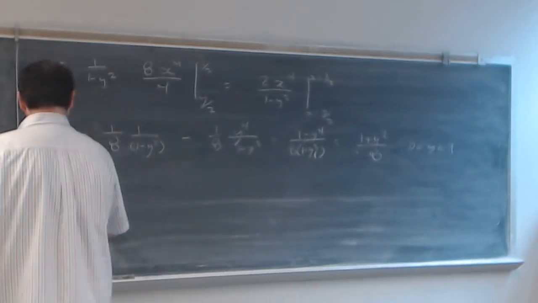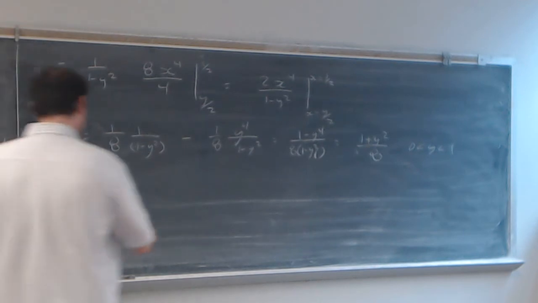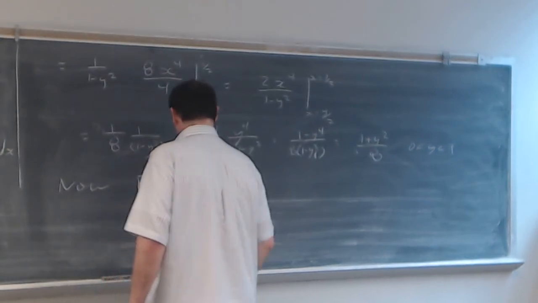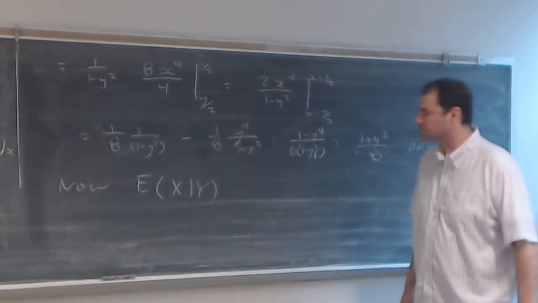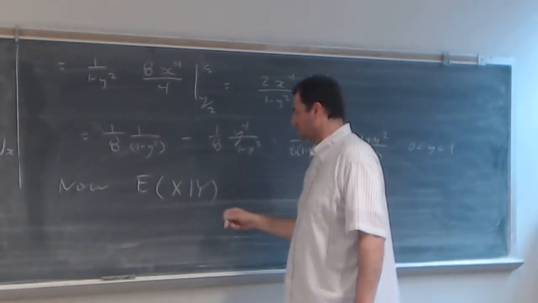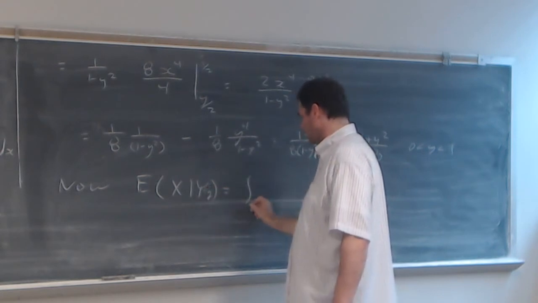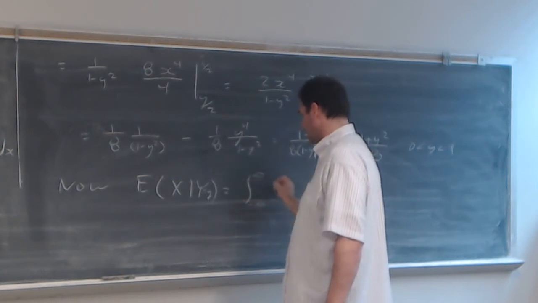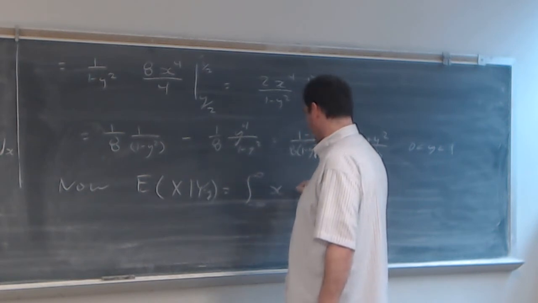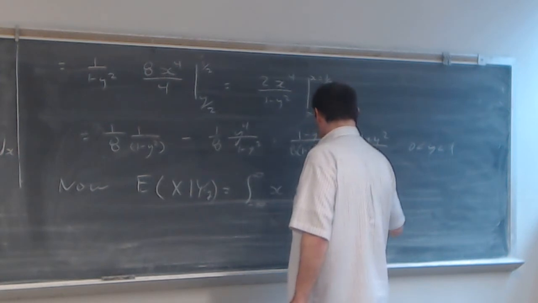Now we need to find the second part of our formula for the conditional variance, the conditional expectation of X given Y equals y. That is an integral from minus infinity to infinity of x times f of x given y dx.